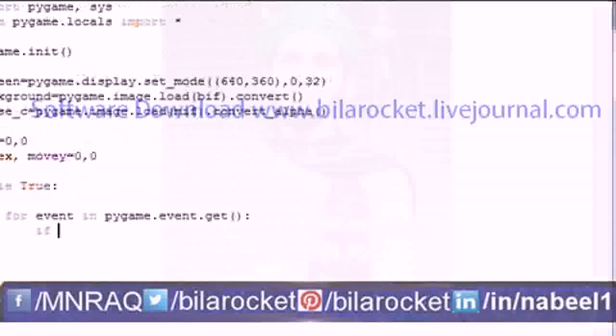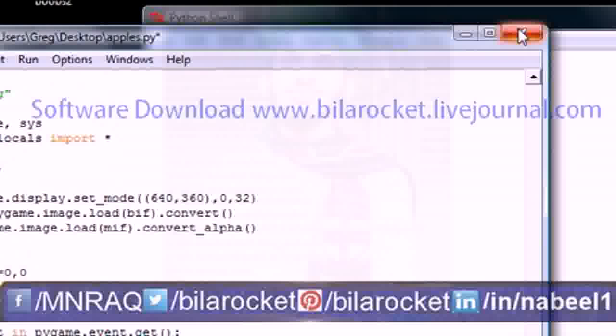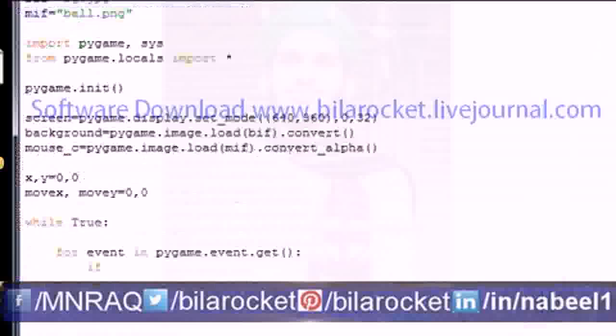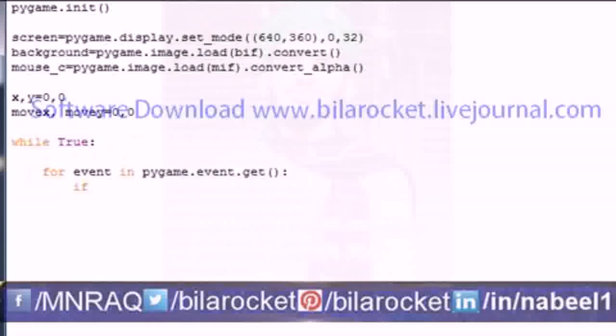Clicking this little X button right here is the quit type. So let's go ahead and say if event.type is exactly equal to QUIT, then, if they clicked that quit button, what do you want to do? Well, I want to take Pygame and quit it, and that's the built-in method to quit Pygame.